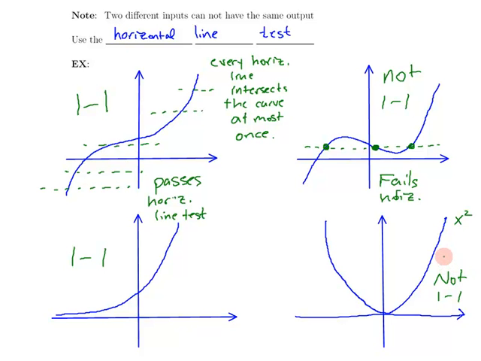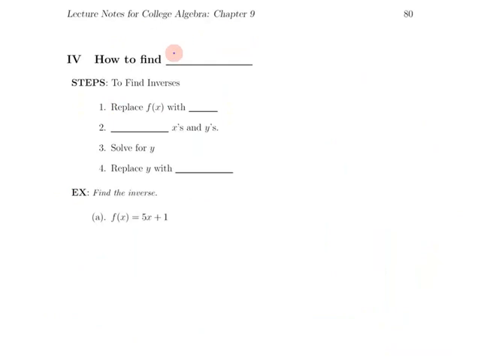So the last question to answer then is, how do we find the inverses? Now here's the analytical technique. I'll come back and give you an anecdotal approach, but the mathematical step-by-step procedure is the following. If you have a function and you want to find its inverse function, and you know that it's one-to-one, we can do the following steps.